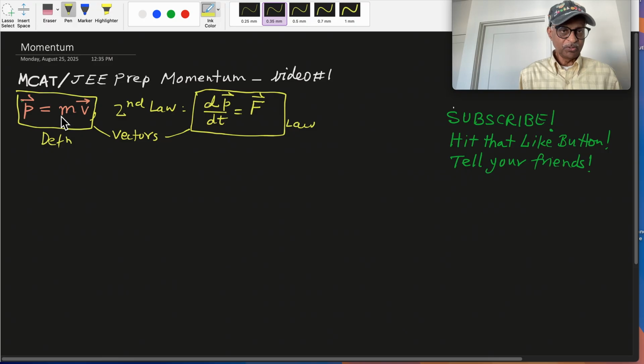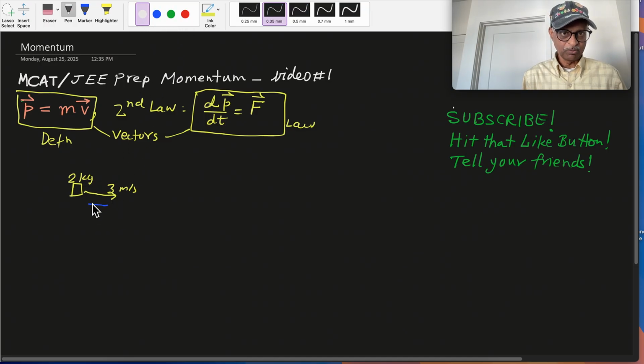So just briefly, I have a box. It's moving. Say the box is 2 kilograms and it's moving at 3 meters per second in that direction. Then we say the momentum, oh, that's not a good color, let's pick white. Then the momentum will be in the same direction as the velocity.